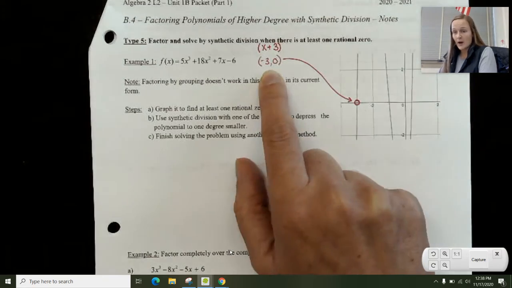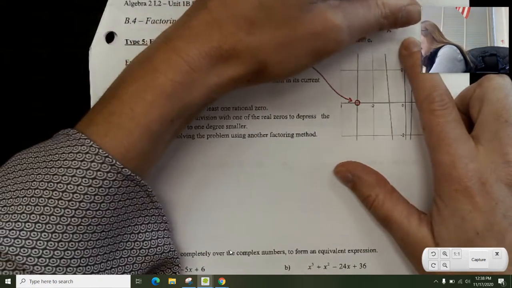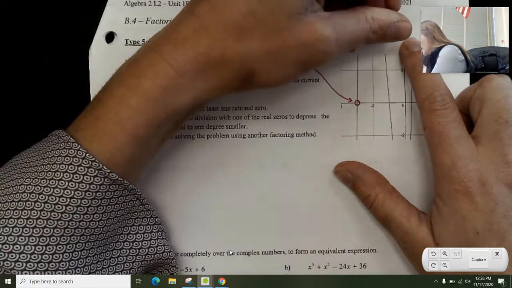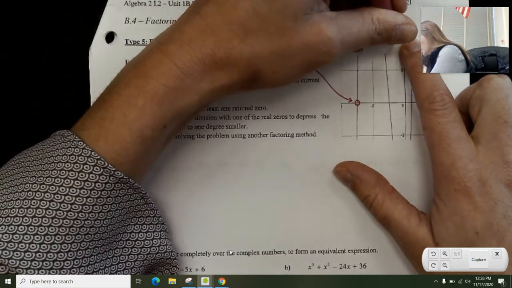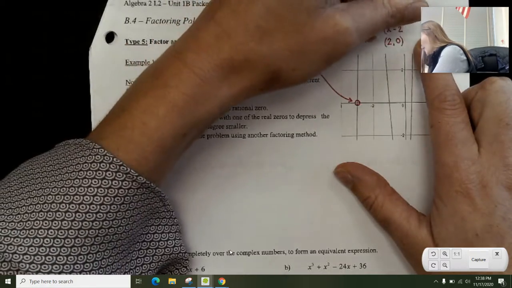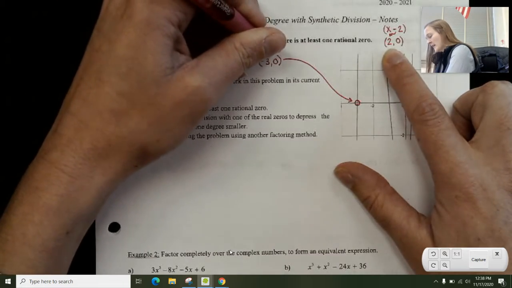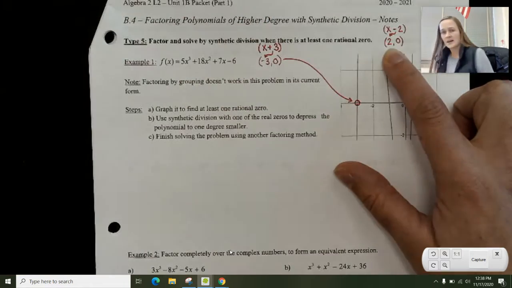In the same right, just a random example off on the side, if the factor is x minus 2, then the zero is (2, 0). Remember, that came from being opposite. So if it's -2, we got a 2. If it's x plus 3, we got a -3.